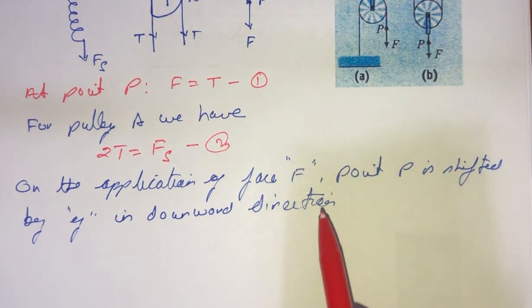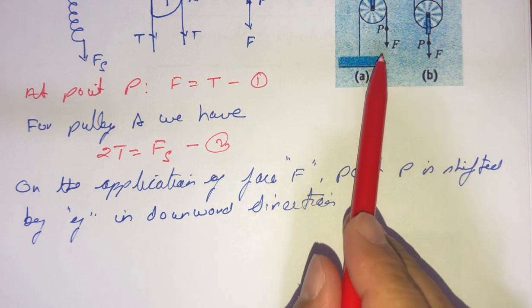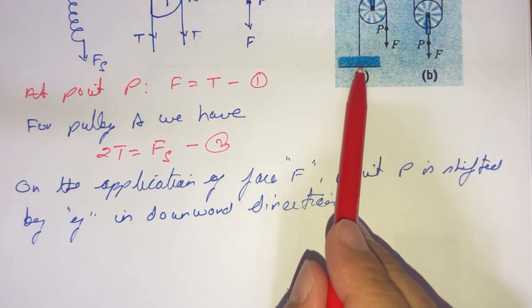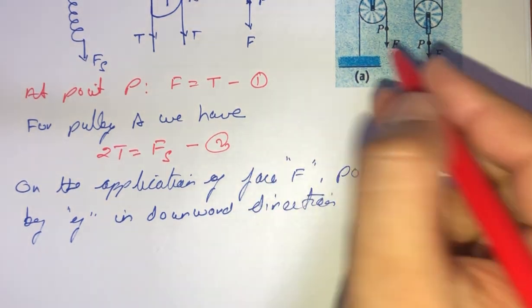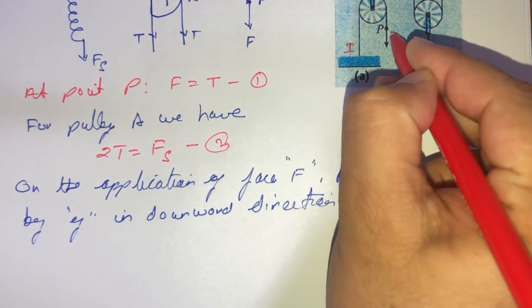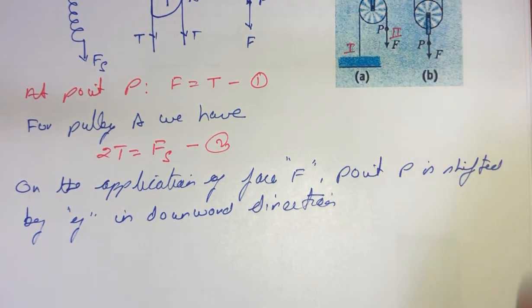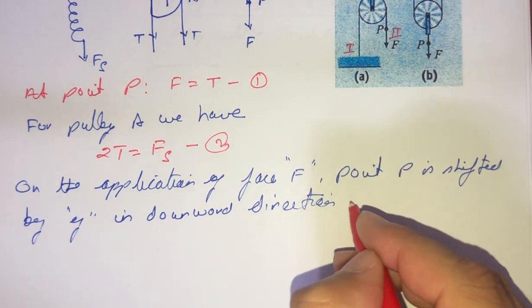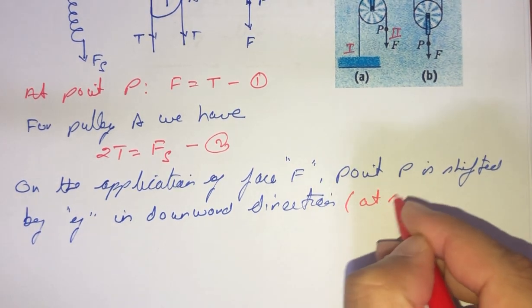Now the force is applied on the string, and for the two parts of the string, let us suppose this is 1 and this is 2. Force is applied in the downward direction at string 2.